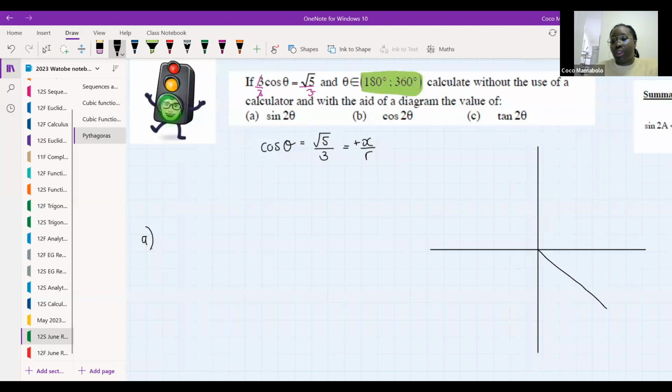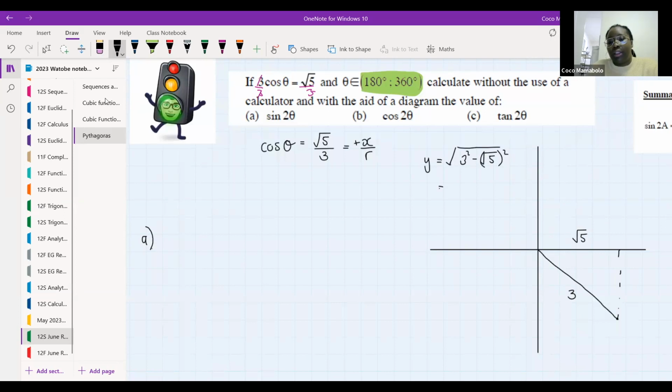So this thing should be over here. And I know that my x value is going to be the square root of 5, and my r value is going to be 3. With this being said, I can then calculate my y value. So y is equal to the square root of, oh, I'm lying, 3 squared minus the √5 all squared.